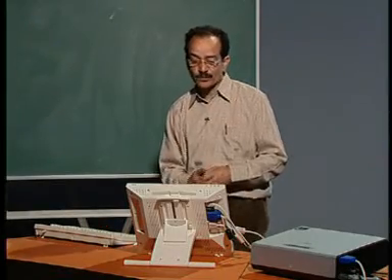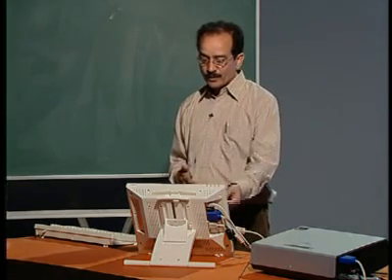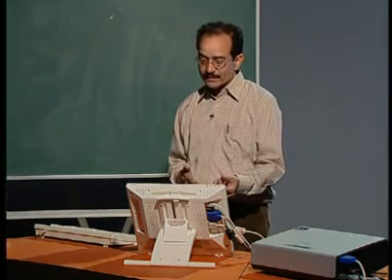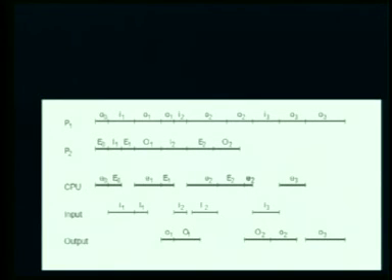So, this is how it looks. P1, P2 jobs are there. I will be allocating some amount of time, let us say I naught, for the execution purposes. The moment its time is over, in spite of the fact the job may not be complete, I will allocate the time to the next process.